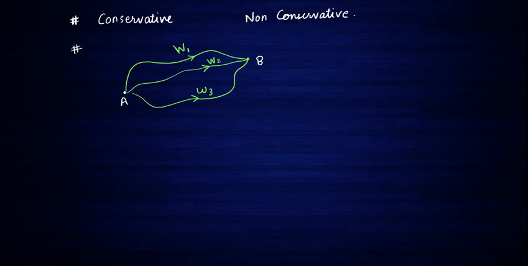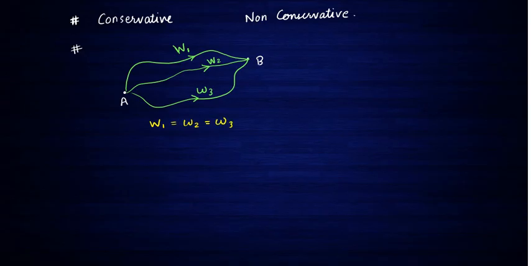So let us assume that the particle has traveled from point A to point B via three different paths in three different time intervals. As long as the force is conservative, all the expressions of work done and their values are going to be the same. So W1 is equal to W2 is equal to W3.